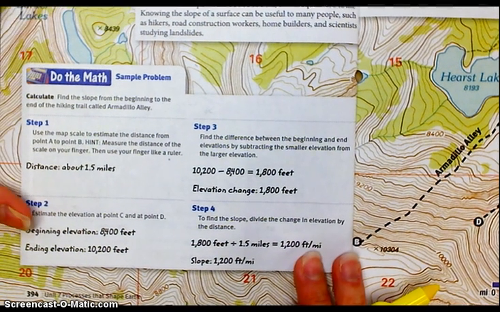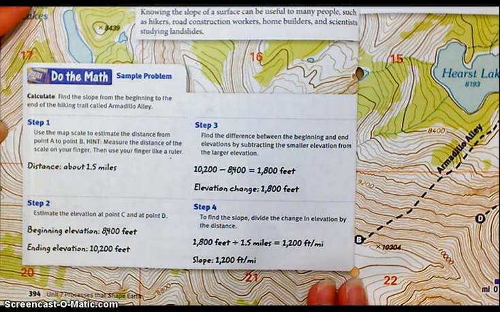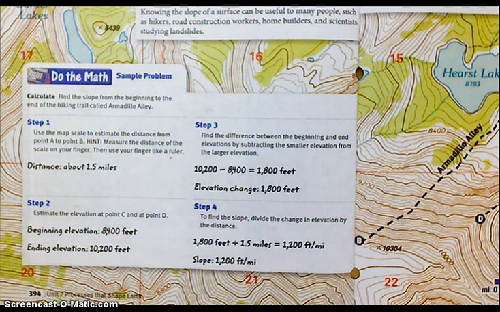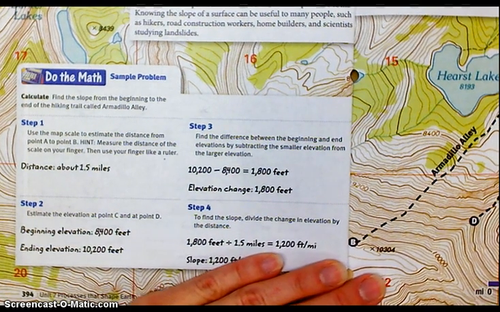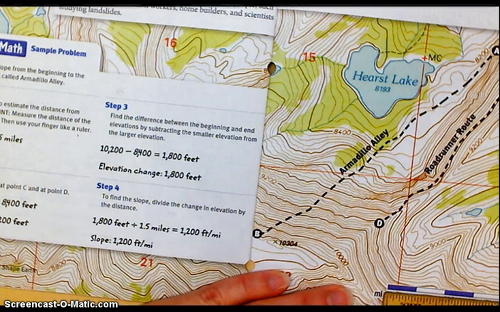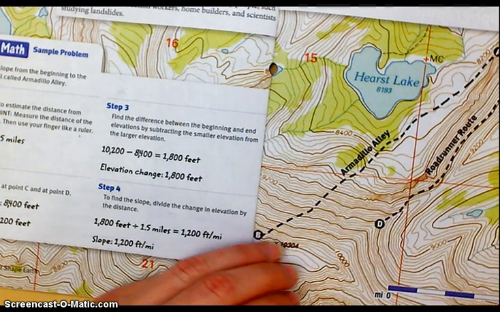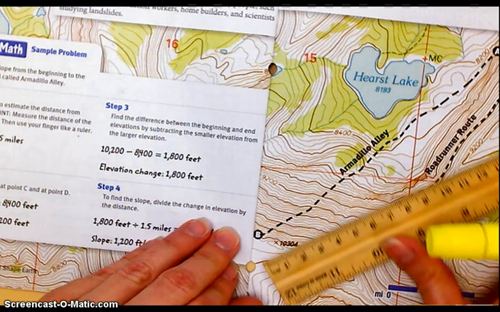It says use the map scale to estimate the distance from point A to B. So measure the distance of the scale on your finger, then use your finger like a ruler. Well, I don't really like that idea, but here's what I'm going to do. That looks like 6 centimeters is equal to half a mile.